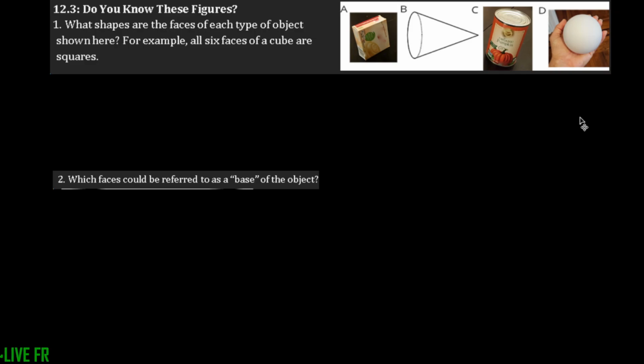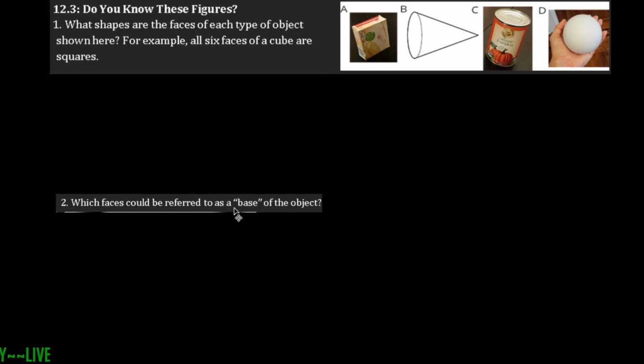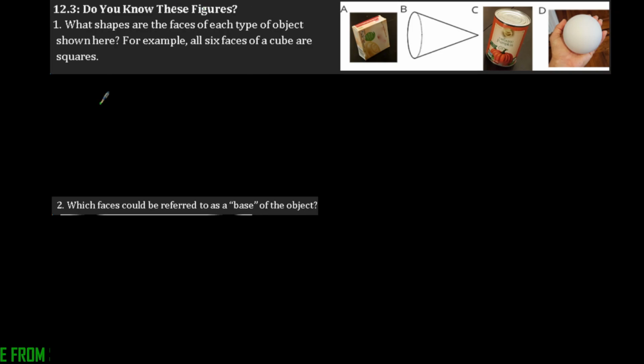So for example, a cube has all squares, which is why each of those side lengths on a cube is the same. For that first one, let's say for A, it's going to be rectangles, since it's a rectangular prism.